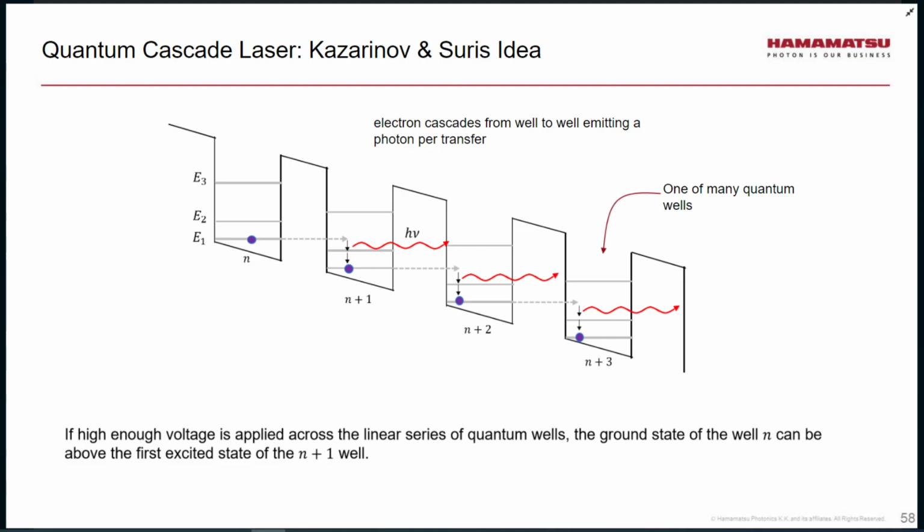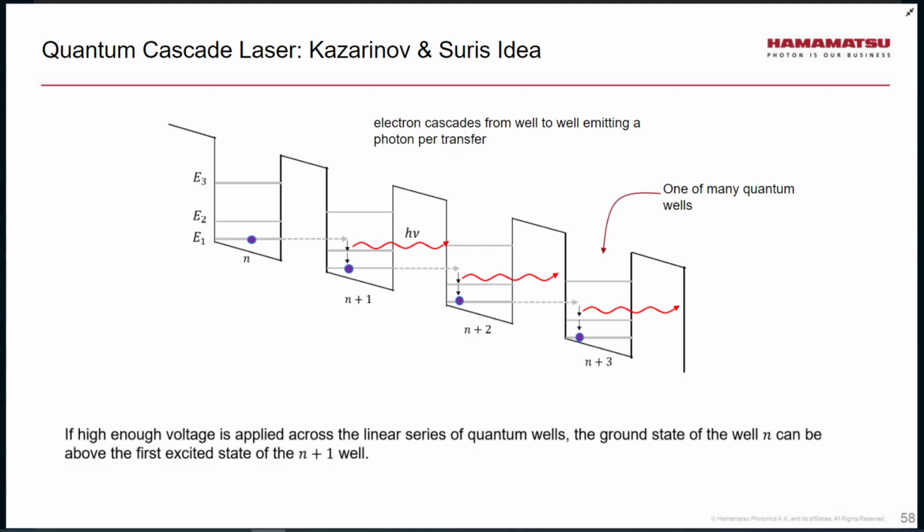The blue dot here is an electron, and that electron is in the conduction band. You can see that there are barriers separating the various wells. So an electron in well N can quantum mechanically tunnel through the barrier to well N+1.